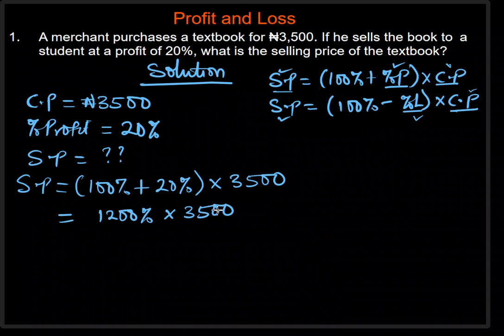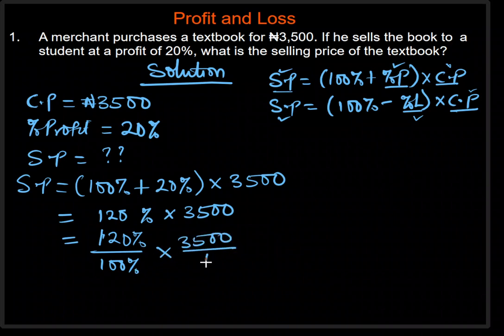Of course we know percent will not just multiply with 3,500, so we have to divide that first by 100%. So that will give us 120% over 100% to clear the percentage, times 3,500 over 1.